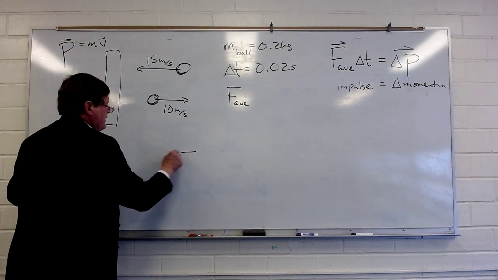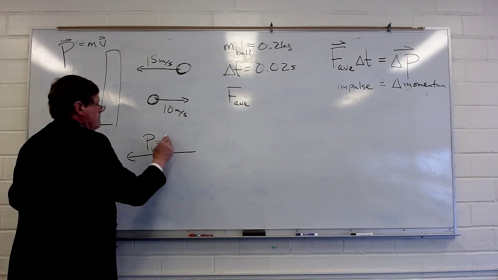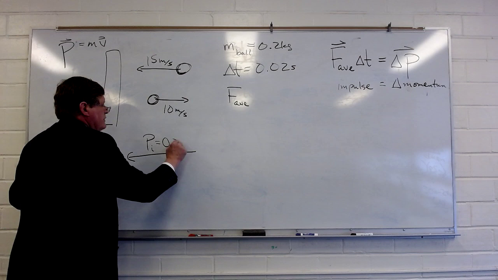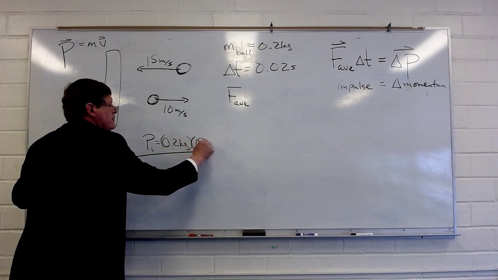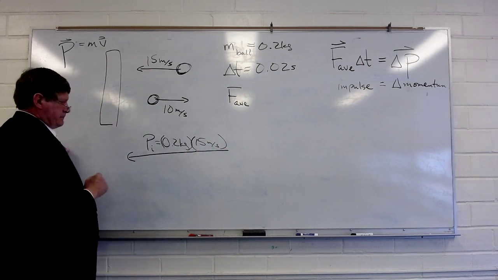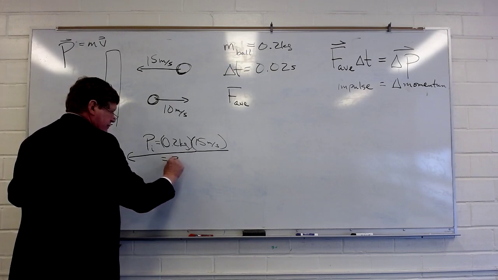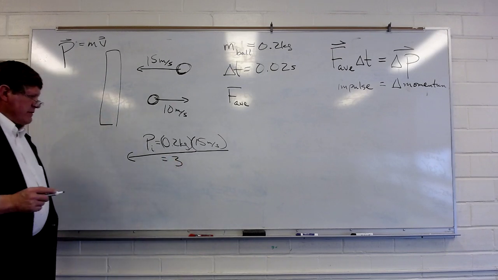Now my initial vector is going to be 0.2 kilograms times 15 meters per second, okay? And that's going to equal 3. Well, 3 what?